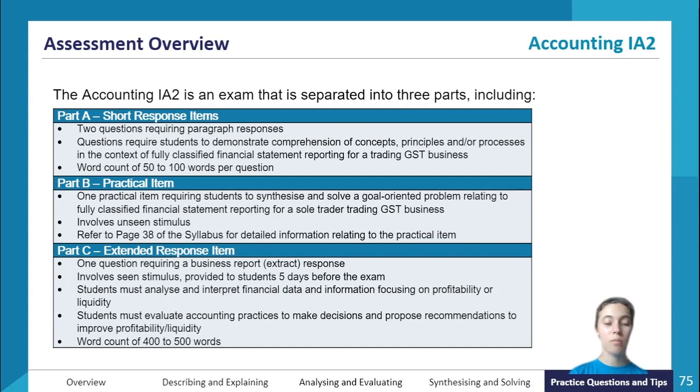And students must evaluate accounting practices to make decisions and propose recommendations to improve profitability and liquidity. So the question that you're given is more than likely going to encompass both, and you need to be providing recommendations and decisions about one that you choose out of profitability or liquidity.